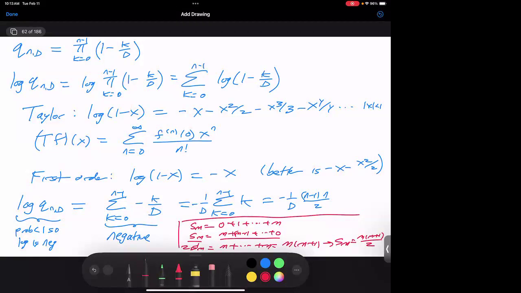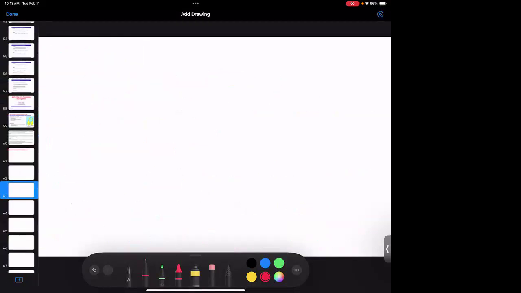All right, so I've got a formula for the log of Q and D. The log of Q and D is equal to negative 1 over D times n minus 1 times n. And I want to find n such that Q and D equals 1/2.